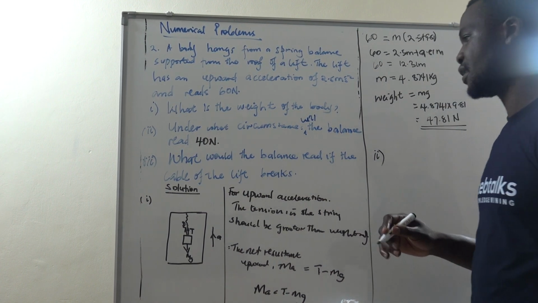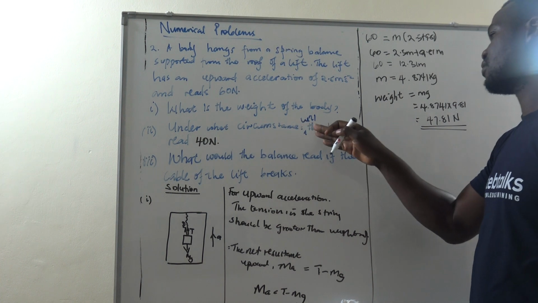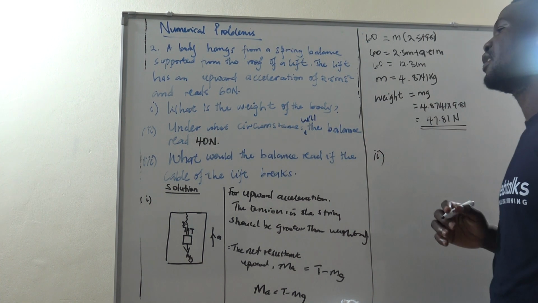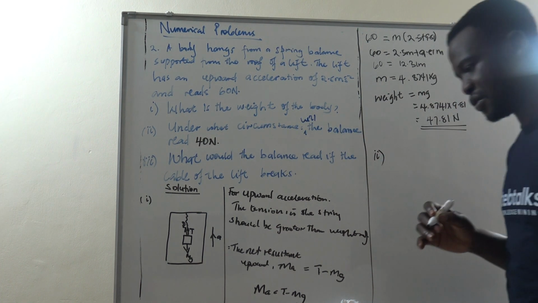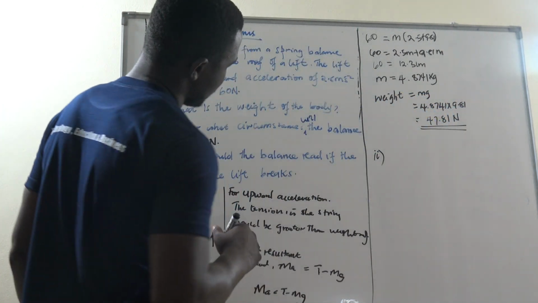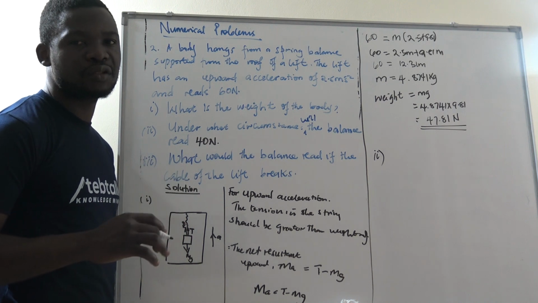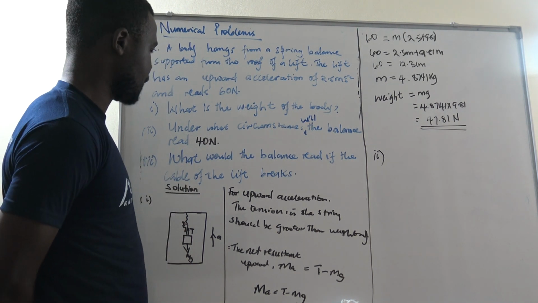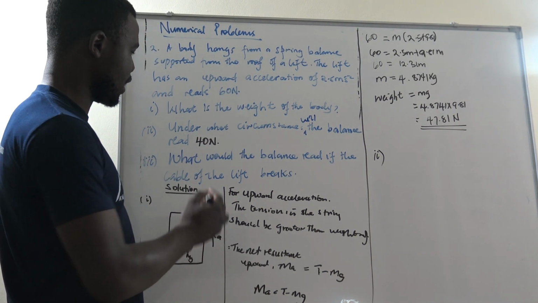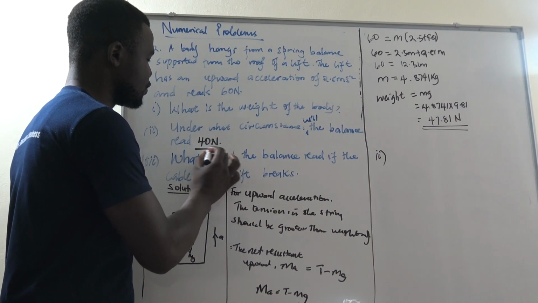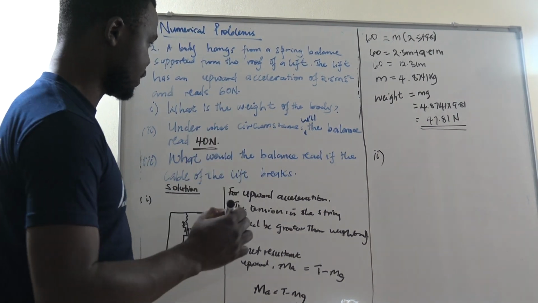Roman numeral 2, they are asking, under what circumstances will the ballast read 40 newtons? For this question, they want to tell us when the tension in the string will be 40.